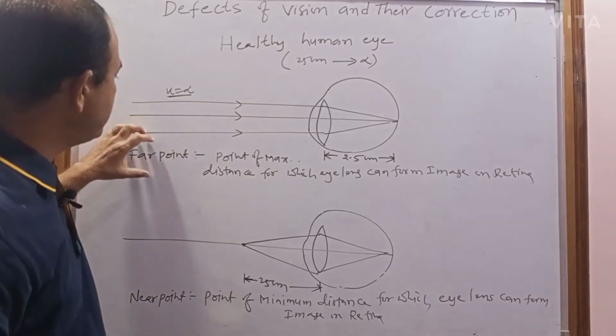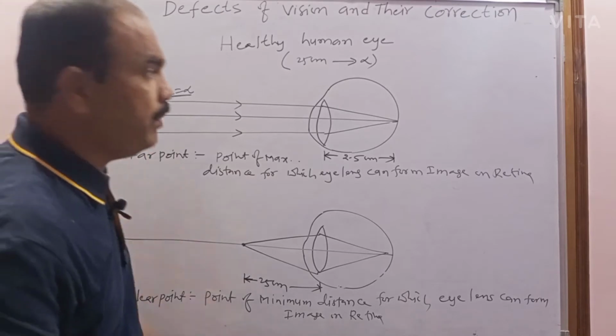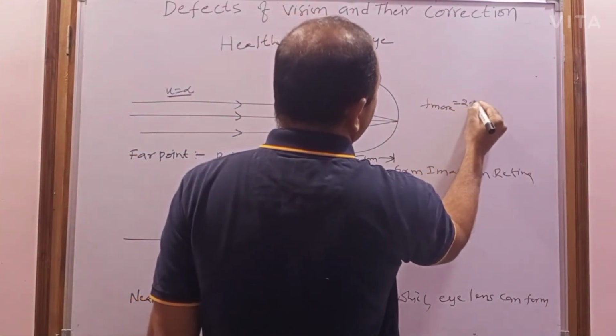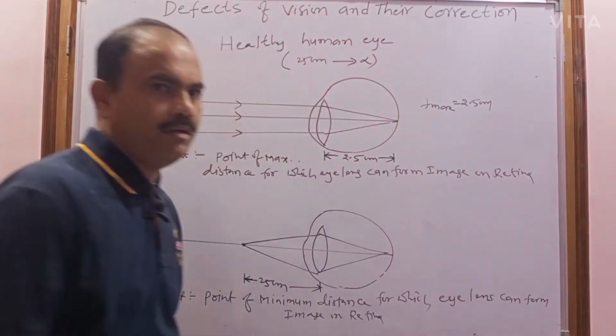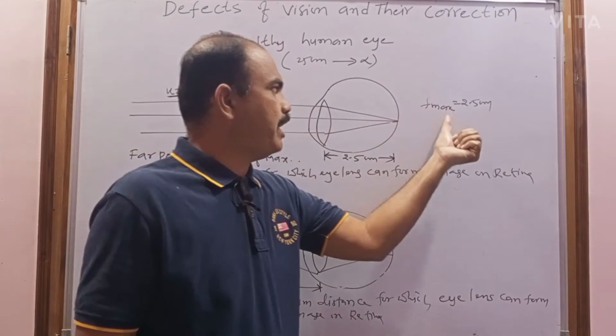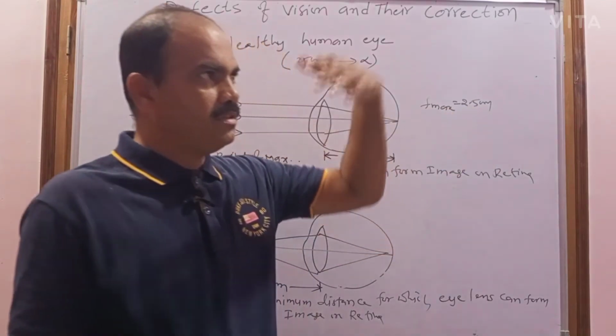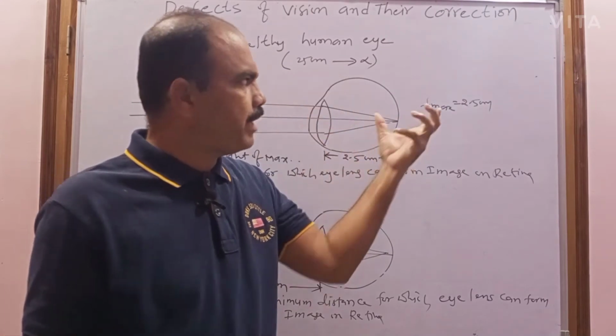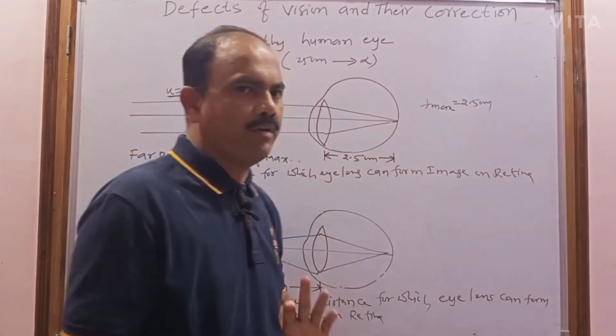Now when the object is at the far point, the eye lens has the maximum focal length, which is 2.5 centimeter.